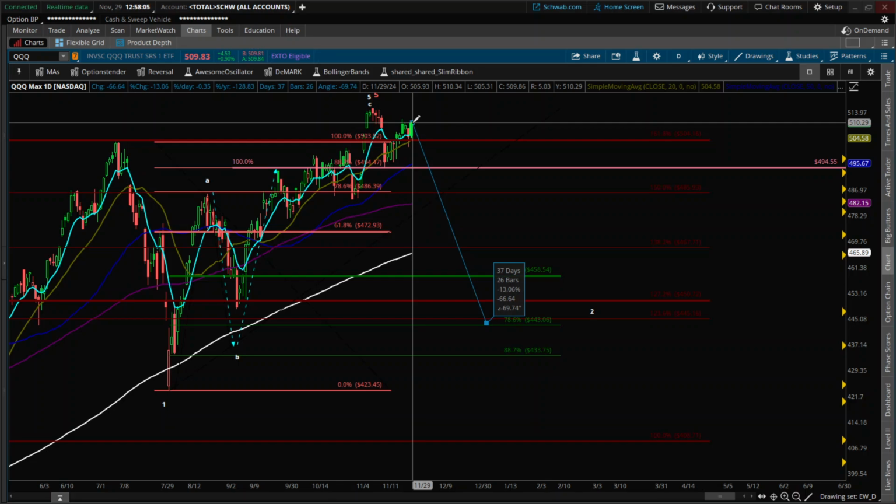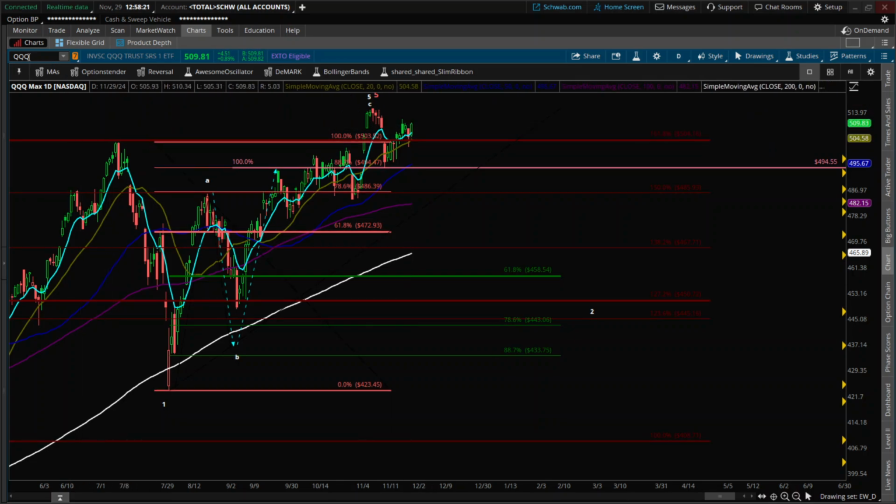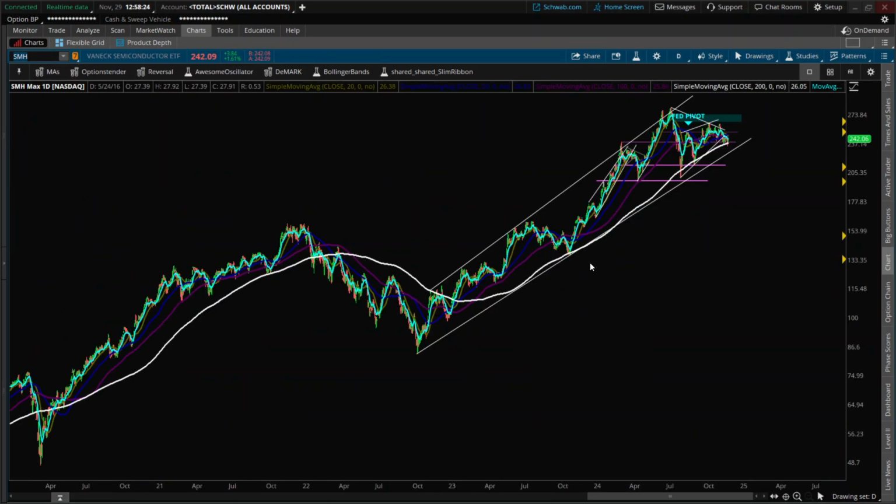I'm giving it way more time than I probably need to. That's a massive move in less than 30 days, 13% move. It did almost 15% in 2018.